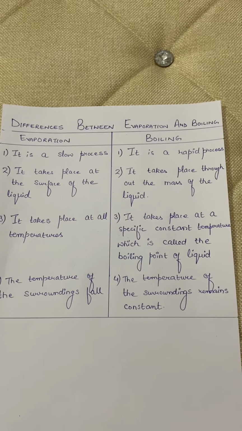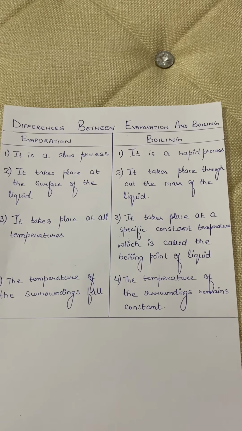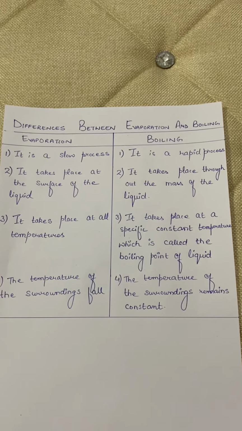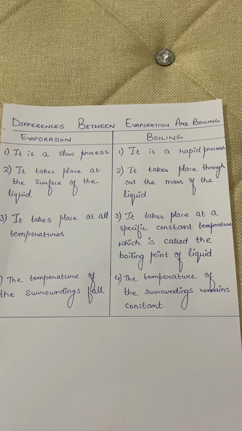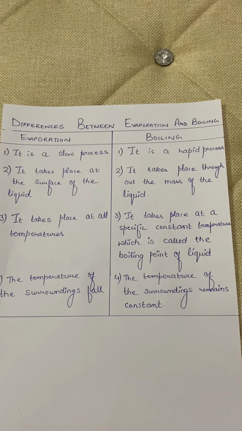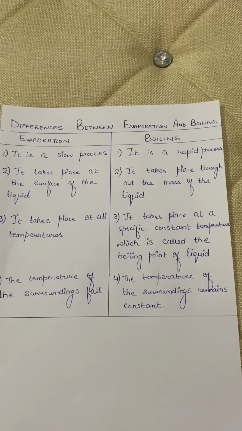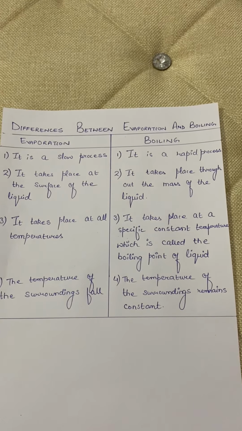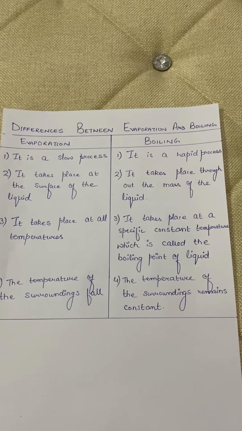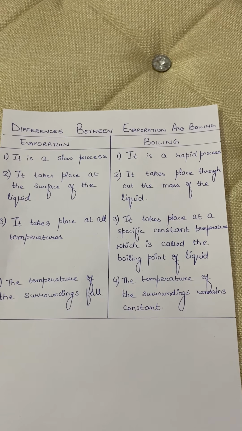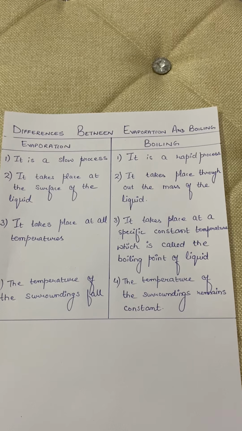So evaporation is a slow process while boiling is a rapid process. Second difference: the process of evaporation mainly takes place at the surface of the liquid, while in boiling it takes place throughout the mass of the liquid.